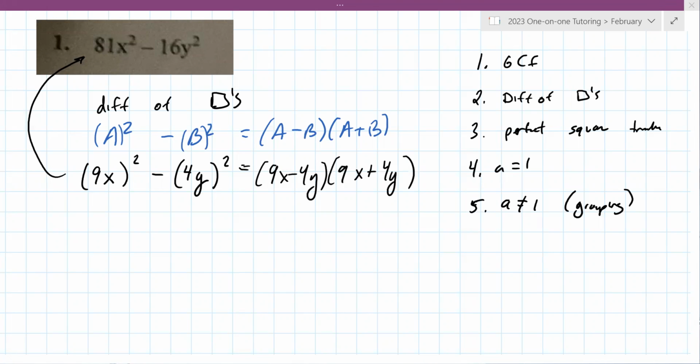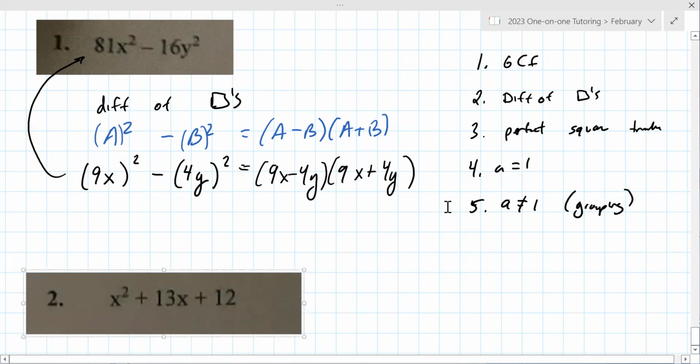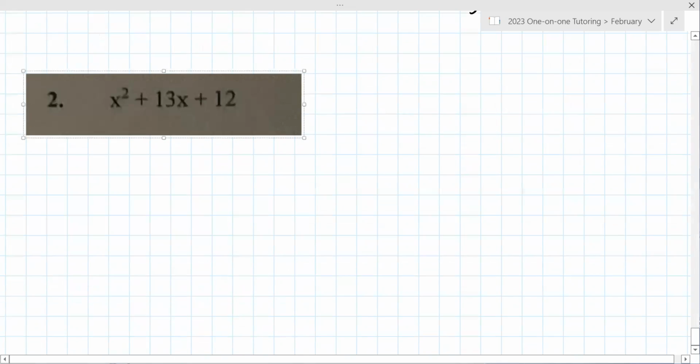All right, so let's look at number 2. Same list. Go through that list and see if something stands out to you. I think it's A equals 1. Yes, I would put this at an A equals 1.